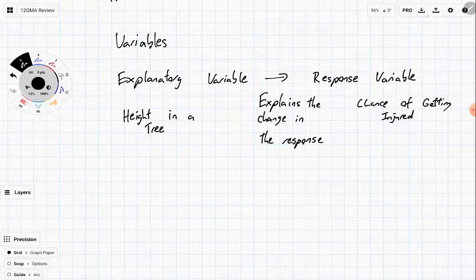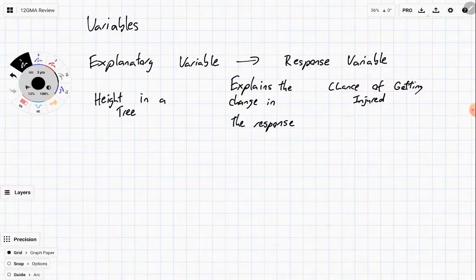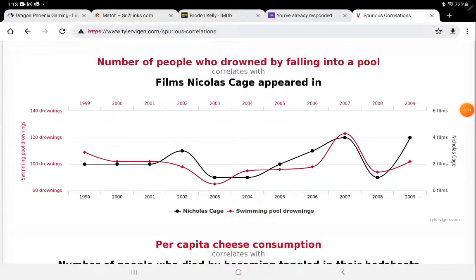But there's a few other ways that variables can interact. This is a great example here: the number of people who drowned by falling into a pool, correlated with films Nicolas Cage appears in. And you can see you've got the 1999 data all the way up to the 2009 data, and they pretty well follow each other the entire time.